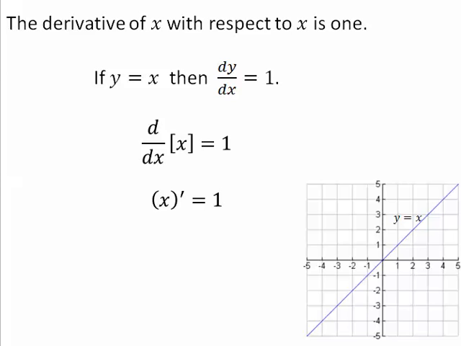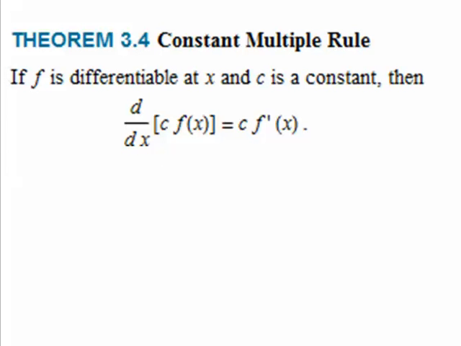Another rule. The derivative of a constant times a function is equal to the constant times the derivative of the function. We call this the constant multiple rule or the coefficient rule.